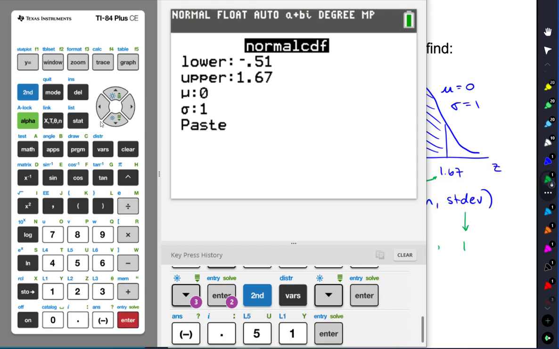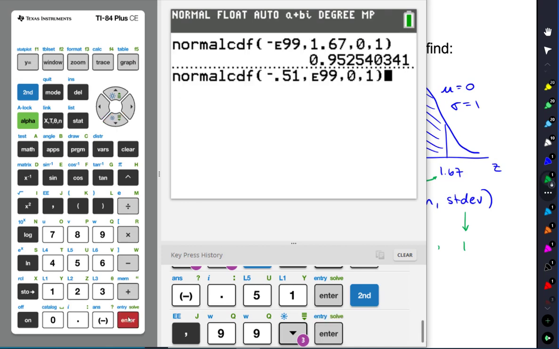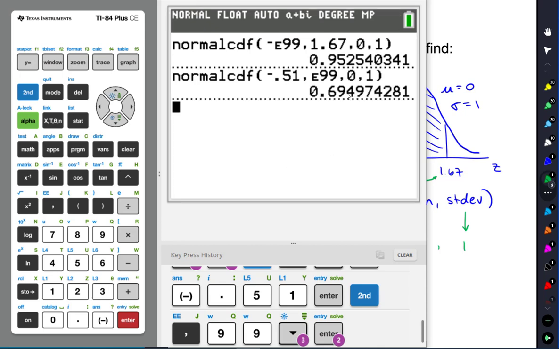And the upper bound is positive infinity. So we would do e to the 99th. Mean and standard deviation don't change because we're still on a standard normal distribution because the variable listed is z. And then hit enter for putting it onto the home screen, and then once more to run the function. So the probability here is about 0.695.